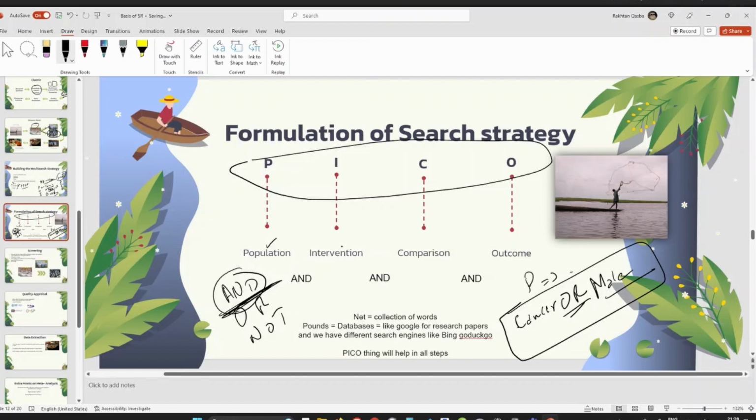Whatever type of intervention we have, we will separate in a particular bracket. For intervention, for example, we have apple, apple juice, apple tablets. I know this is a silly example, but it's just an example.